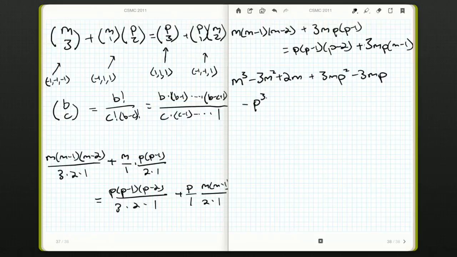So minus p cubed plus 3p squared minus 2p, then minus 3m squared p plus 3mp equals 0. Okay. Let's just double check to make sure that's correct, because this is exactly why I didn't want to expand out the cubic. I just need to make sure everything's fine. Okay, and these two guys will cancel out.